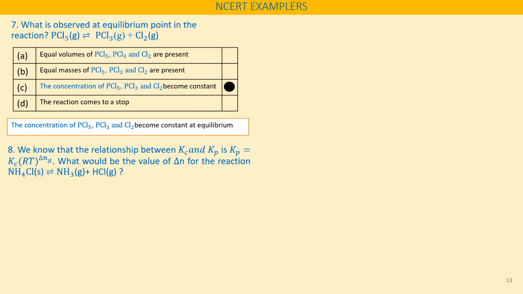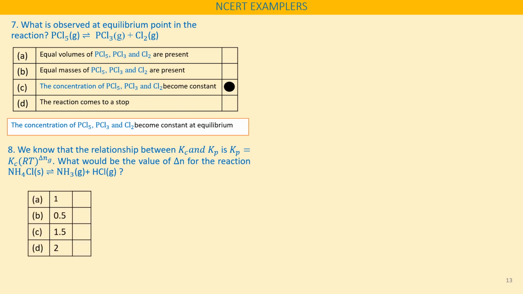Next question: we know that the relationship between Kc and Kp is Kp = Kc (RT)^Δng. What is the value of Δng for the given reaction? Here we have to use the stoichiometric equation. Δng is equal to the number of moles of gaseous products minus the number of moles of gaseous reactants.